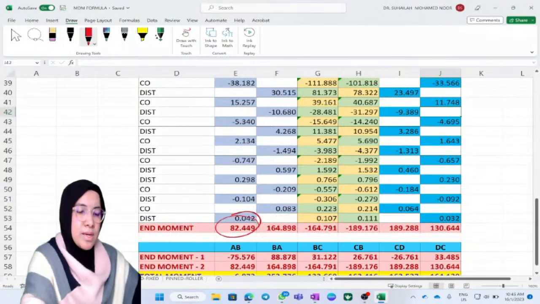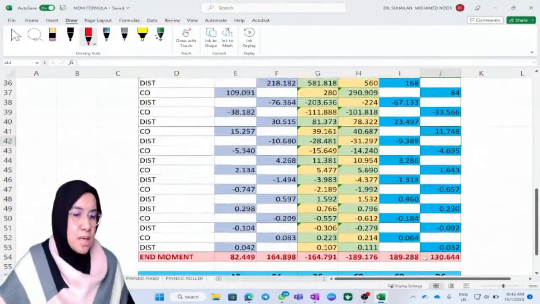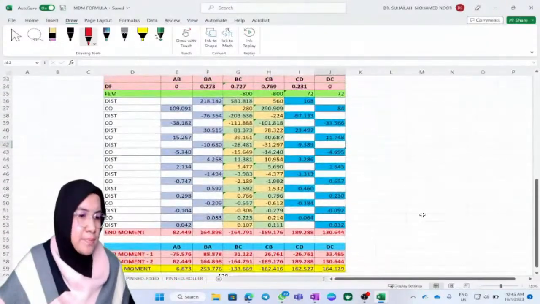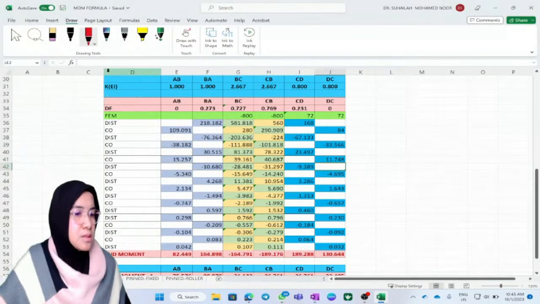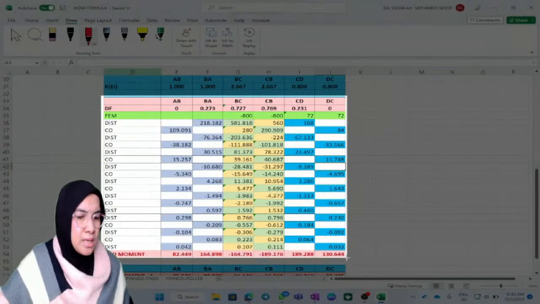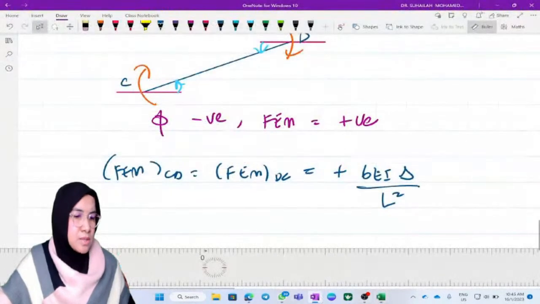Plus minus 0.1 doesn't matter. So this is the member end moment due to settlement. I copy this. So this is due to settlement only.